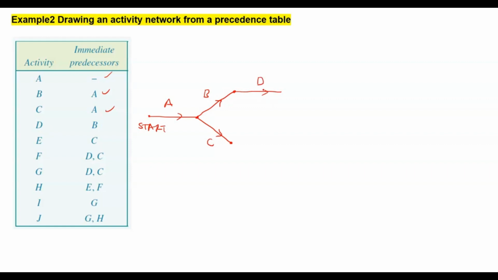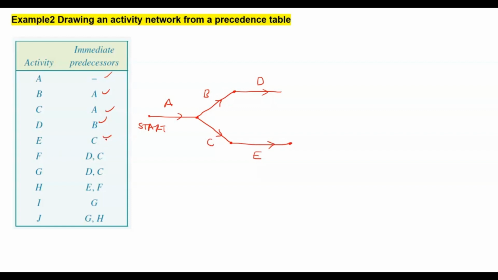Up to here is well and fine. Now we have E. Activity E is right after C, so we put E there. Up to now, the project looks nice and clean.